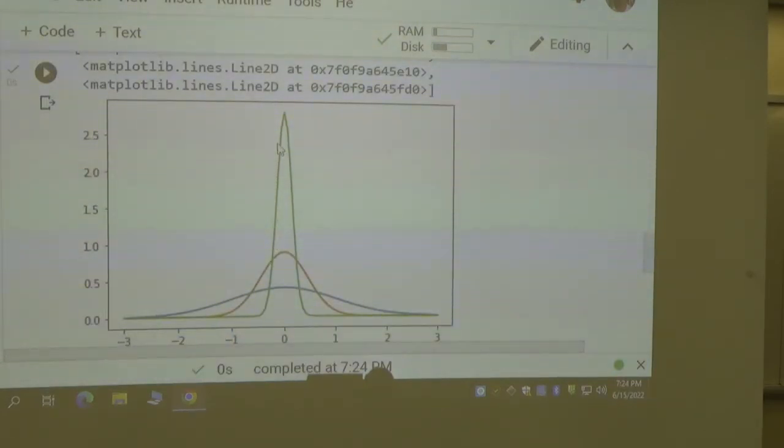So as you send time t to 0, it peaks, and if you do the integral from negative to infinity, you'll see that the value of this integral is always 1. So the area is preserved, but the peak is going up, and that's a recipe for developing a delta function.